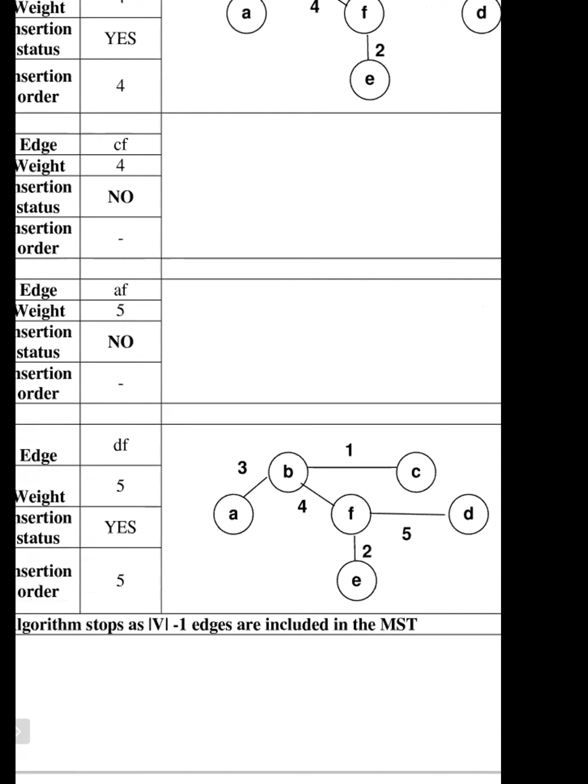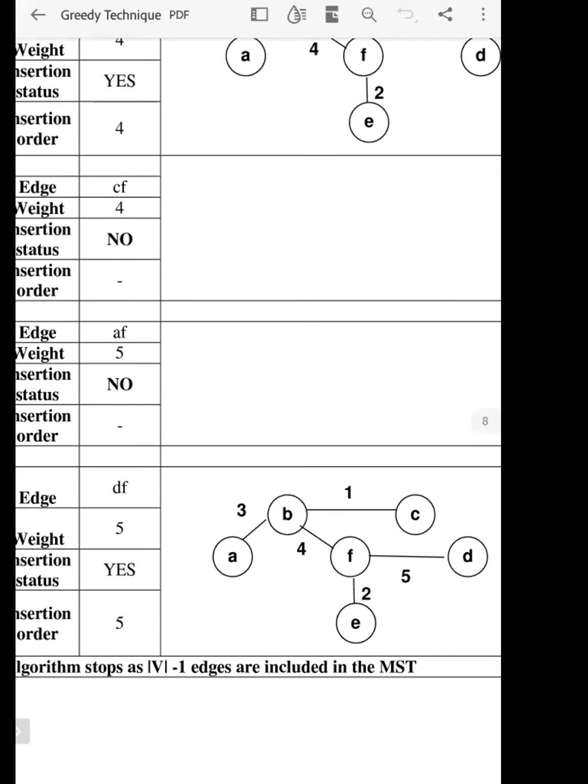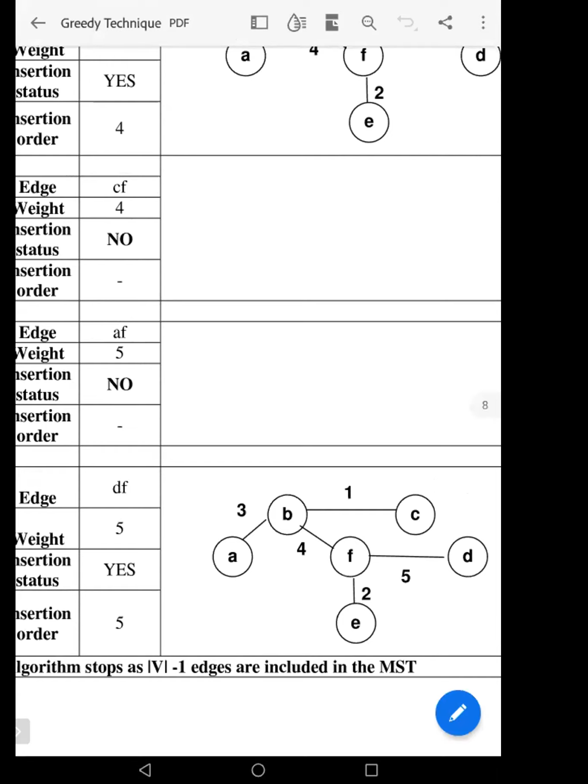By taking this DF, we started with all the vertices, and because the number of vertices is 6, the total number of edges should be 5. So here the number of edges is 1, 2, 3, 4, 5. Since all 5 edges are included, we stop the algorithm.